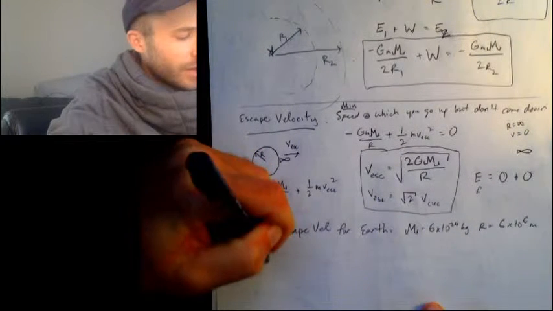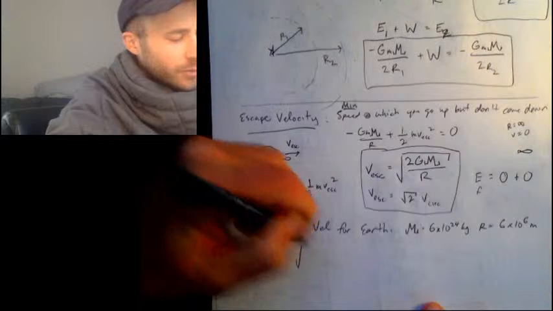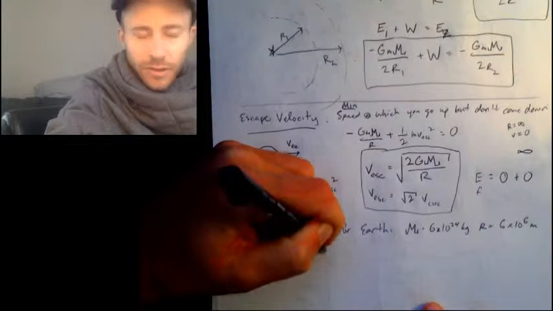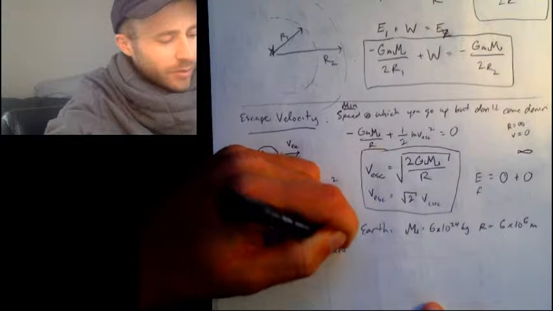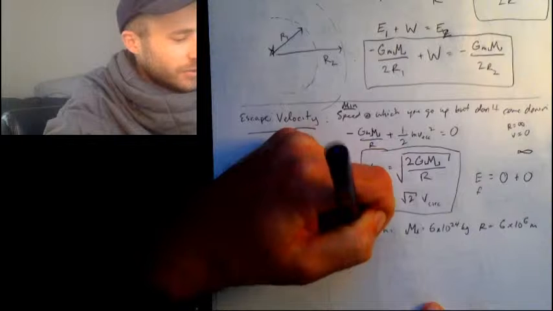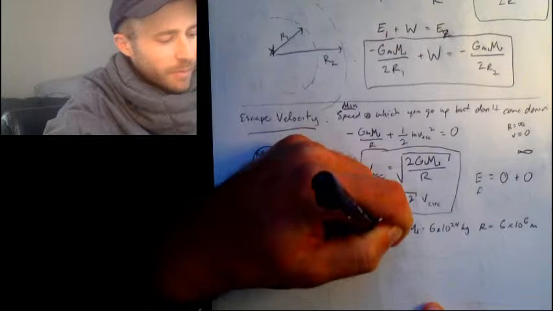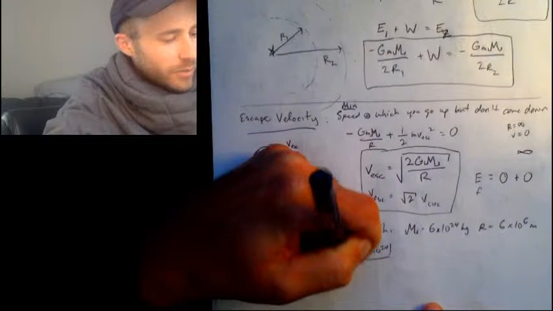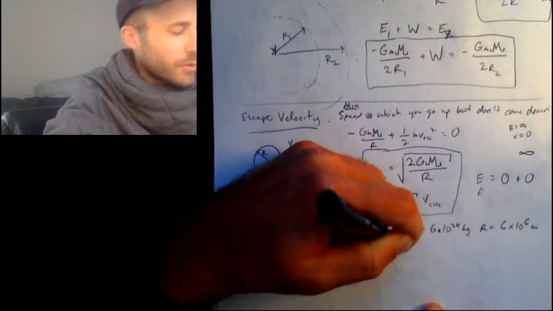So we get that the escape velocity is square root of 2 times 6.7 times 10 to the minus 11 times 6 times 10 to the 24th divided by 6 times 10 to the 6th, square root of all that.